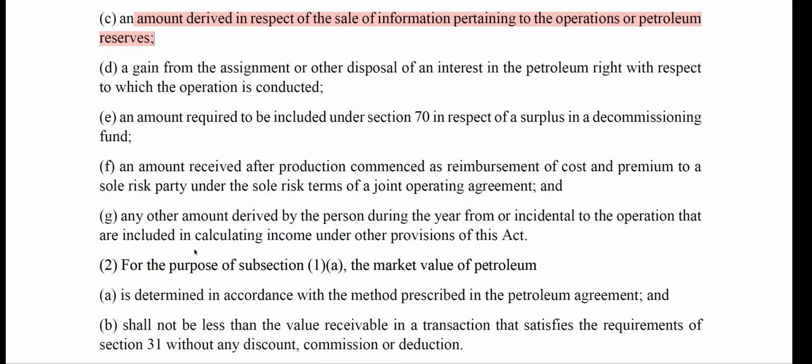Now, any amount derived by the person during the year from or incidental to the operation is included in calculating income. So if we decide to do a joint arrangement and at the end of the day a surplus comes and we are all enjoying, it is also an income to me. It's incidental; it happened because of the operation. In management accounting, we say directly attributable. Look, we are all going to cook food, and then we bought fish.